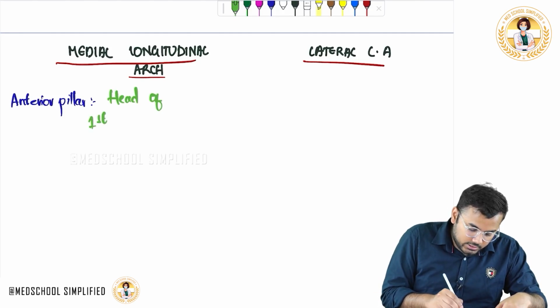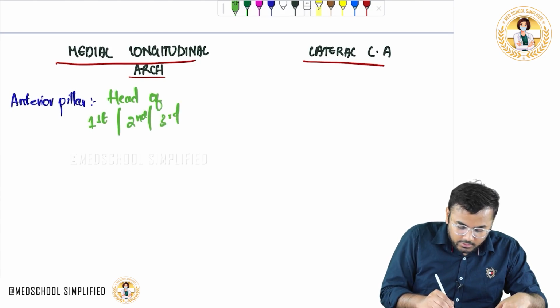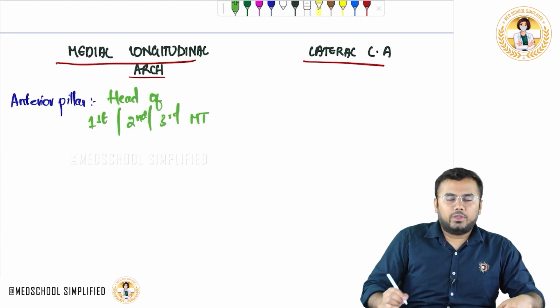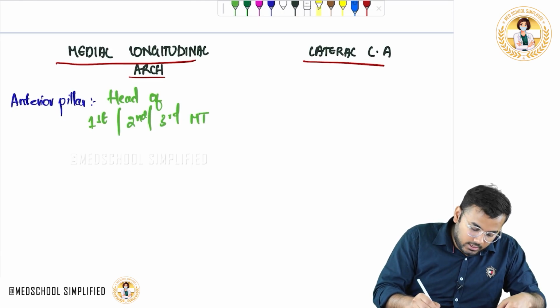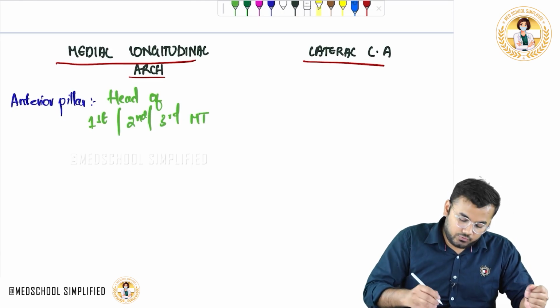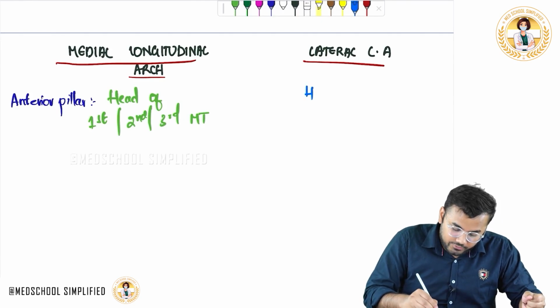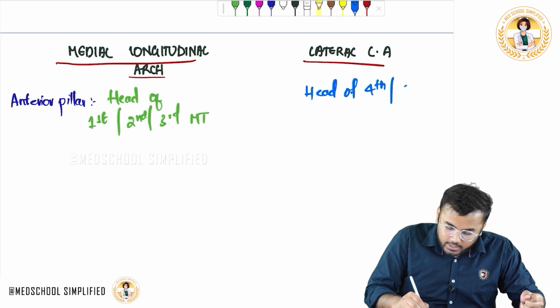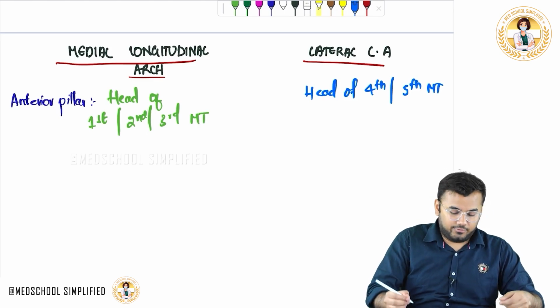Head of the first, second, and third metatarsal. And in the lateral longitudinal arch the anterior pillar is formed by the head of the fourth and fifth metatarsal.